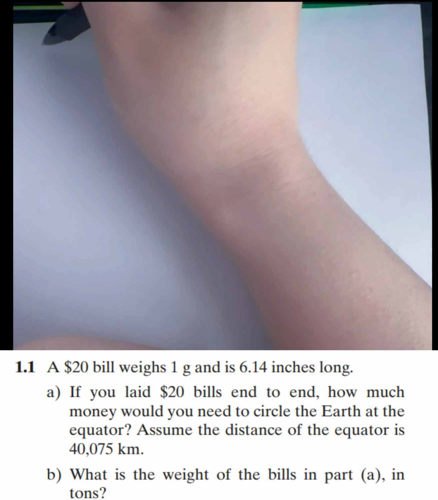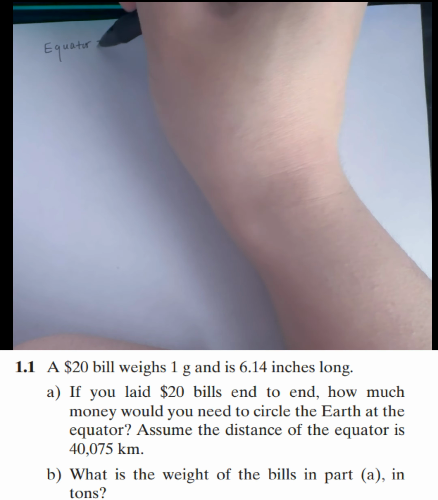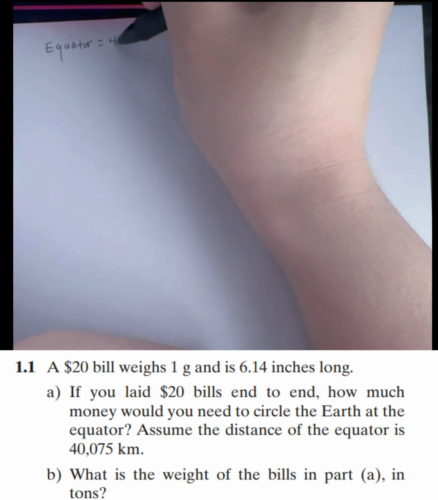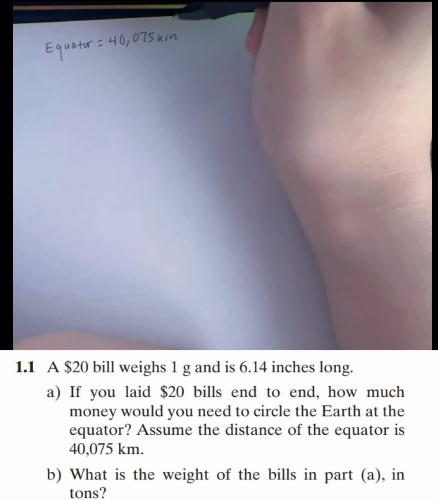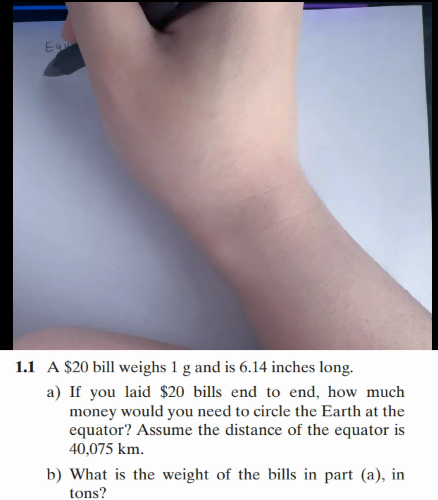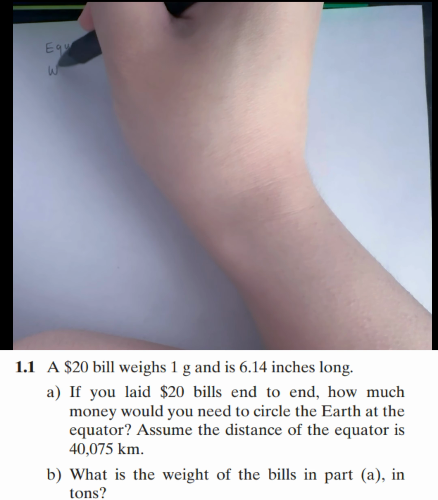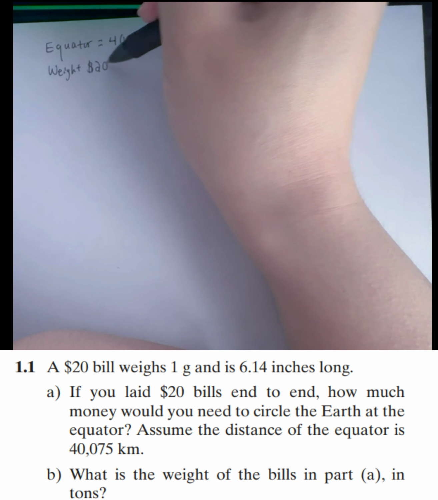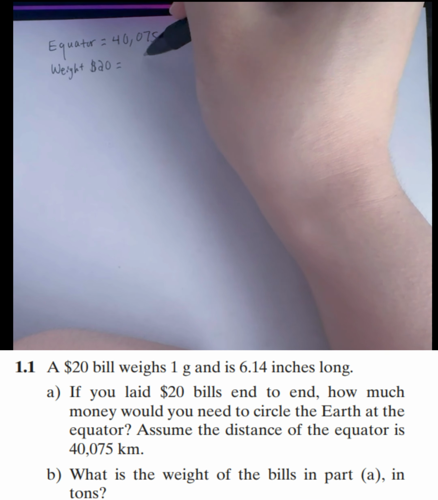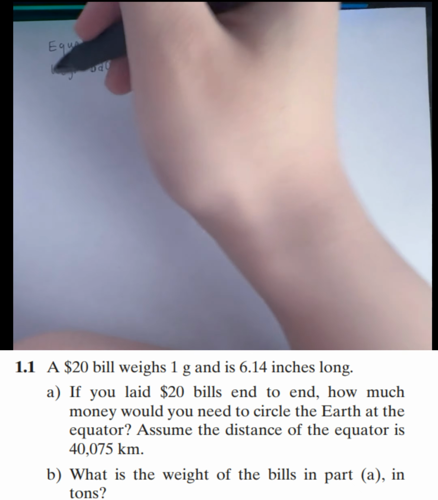So first, the problem gave us the equator, right, is equal to 40,075 kilometers. And the weight of the $20 bill is equal to 1 gram.